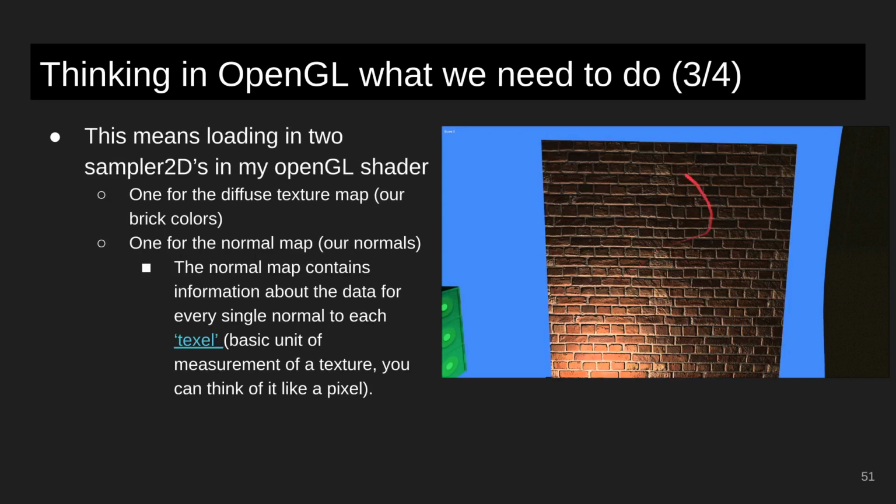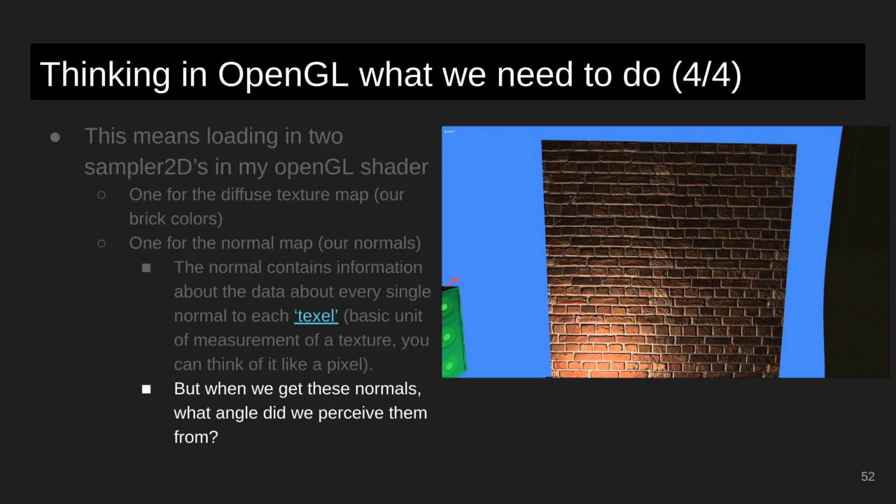So we need to load in 2 samplers, the diffuse texture map and the normal map. And then once we have normals on a per pixel level, we can think about where our light sources are and how bright to make each of those pixels.